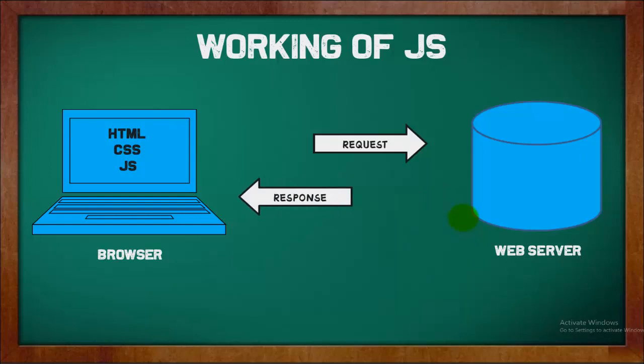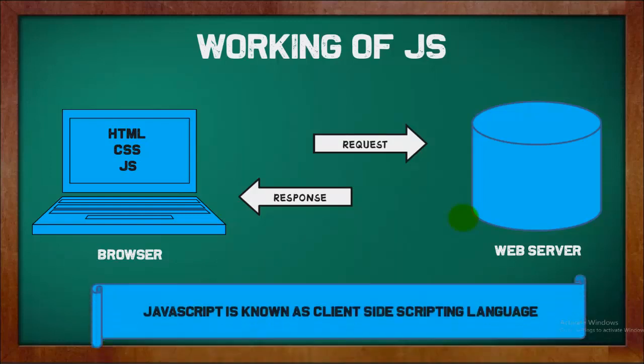So the request and response operation will be helpful in order to work with JavaScript. And the JavaScript which we are going to work with in our syllabus is a client-side scripting language. We are not going to concentrate on server-side scripting language, but I'll tell you what is the meaning of server-side. We will be concentrating only on client-side scripting language.